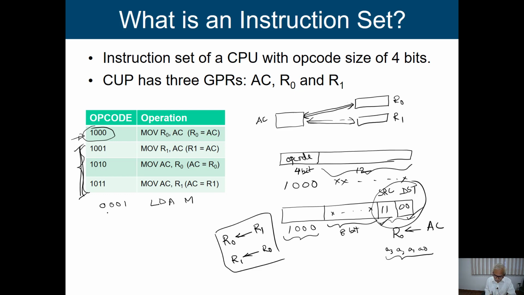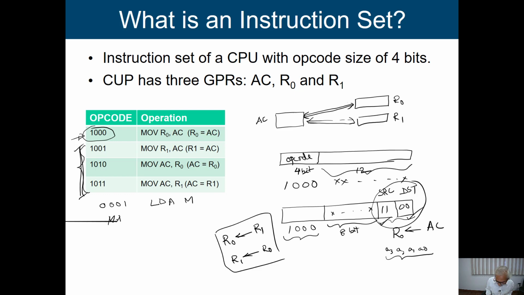We know this is the opcode, and we are having the address part. So we have this information in IR. Now in the execution phase, we have to bring the information from memory to the processor and put it into the appropriate destination. In this particular case, the appropriate destination is my accumulator.